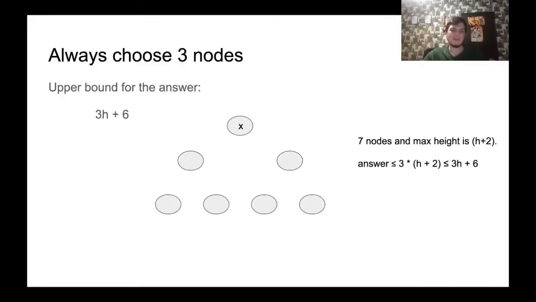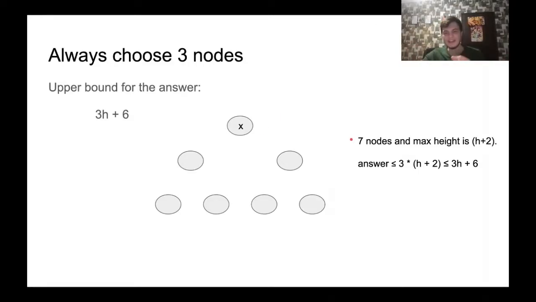So the upper bound for 3 nodes, because this is also important here, is as follows. Consider some arbitrary x and the query. So x is the root of the query, and let's consider the binary search tree, but only on the first 3 levels. So basically x and the 2 levels below it. And we know that the height of x, let's say, is h. So we know that there are 7 nodes on the first 3 levels, and we know that our construction actually requires 7 nodes.